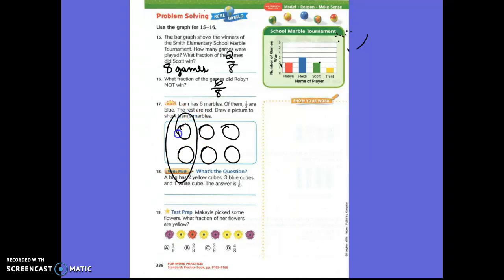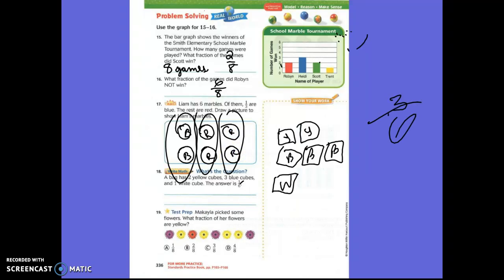I would circle 2 marbles each. It says 1/3 of those are blue. So what does 1/3 of them mean? Now, how many would be blue? 1. 1 group would be blue. Blue, blue. The rest of them are red. Red, red, red, red. Okay, there's your picture.